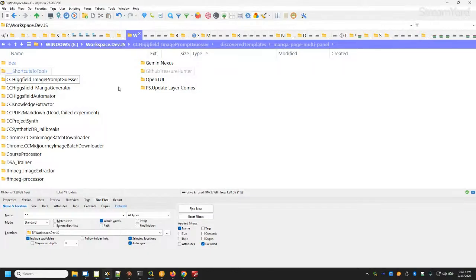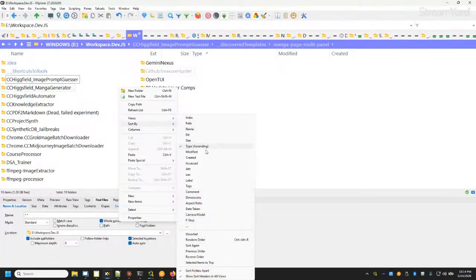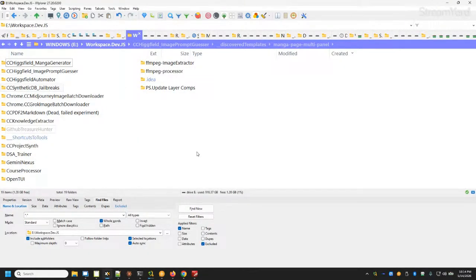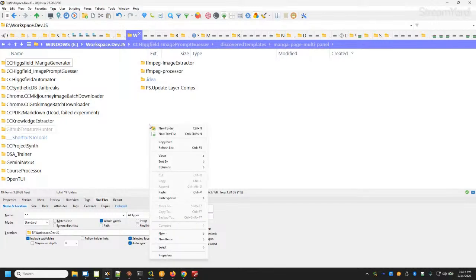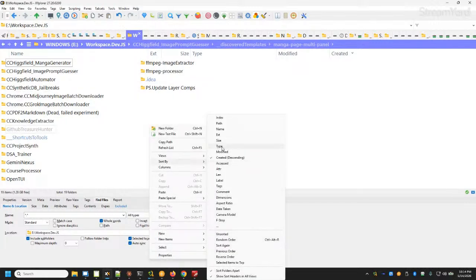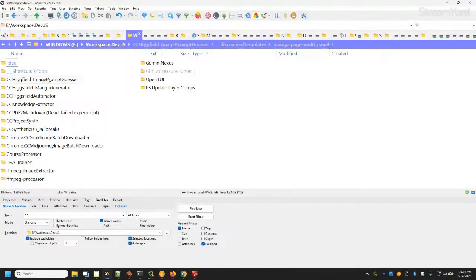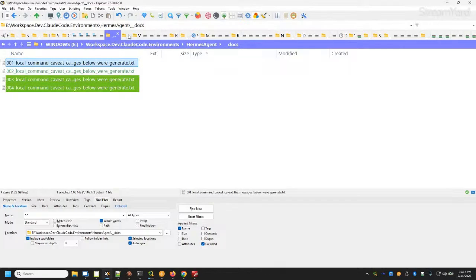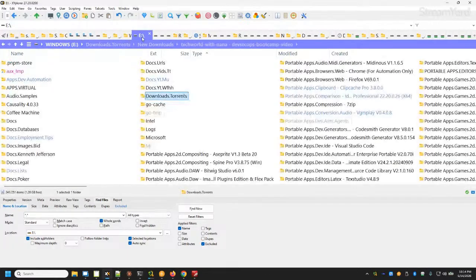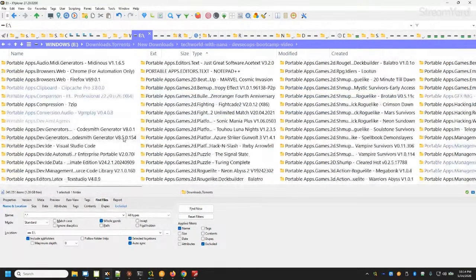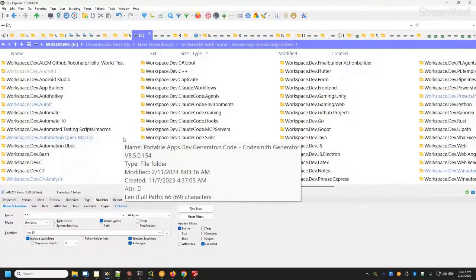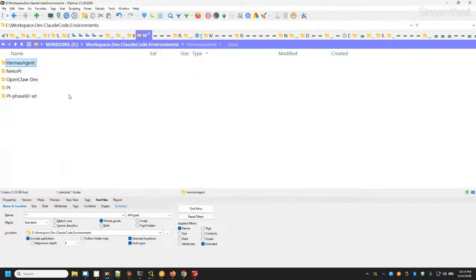Where'd you put it, Kenny? Where'd you put it? Manga generator. I can't believe this. It's somewhere around here. I called it Unicorn. Is it in the Pi development environment? We'll check there, and if it's not there, then we'll move on.